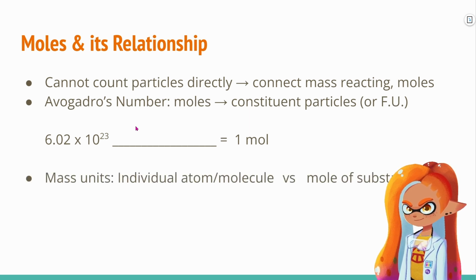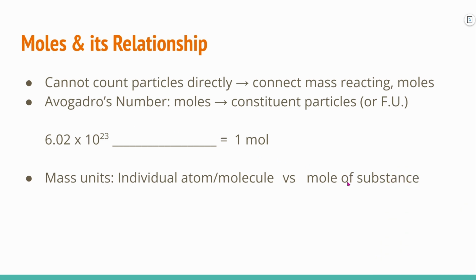Okay, so mass units. Now, on the concept map, we were talking about the grams, and that is based off a mole's worth of a substance, versus an atom. Those are two different things, okay?